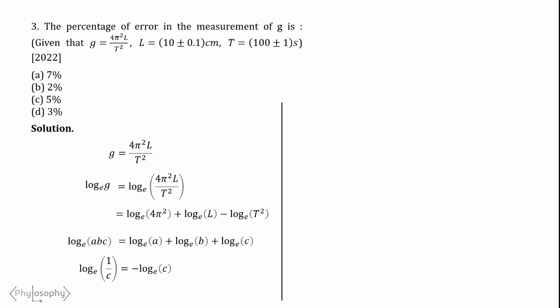Now here 4 pi square is a constant and doesn't contain any error, so we can safely neglect this term.